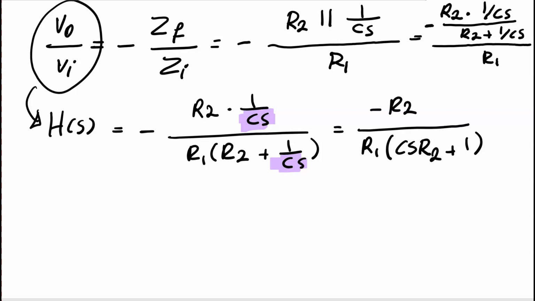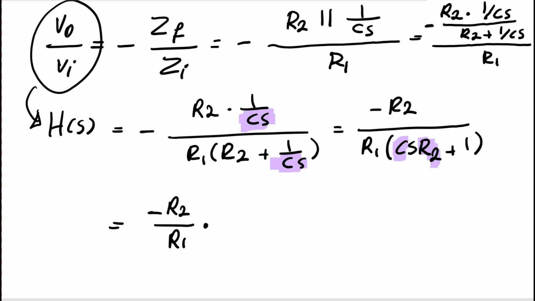Now the problem is that I don't want to have any coefficient for S in the denominator, because then I can describe the transfer function in its standard form. So what I'm going to do is divide everything by C and R2, which are the coefficient of S here. I'm not going to touch this R1 because that's going to be my gain. So I'm going to rearrange my transfer function in this form. I will keep minus R2 over R1 out because that's just a coefficient.